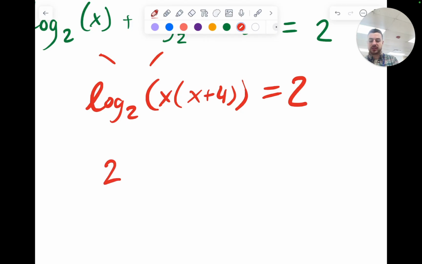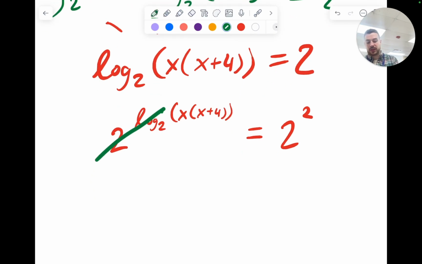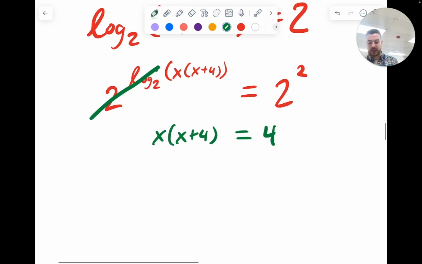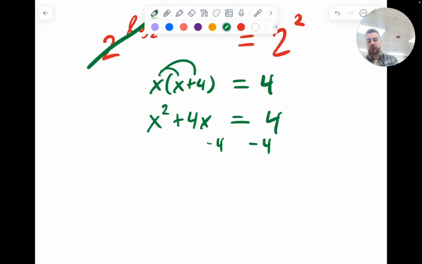So if I put each side in the exponent with a base of 2, we are exponentiating, and therefore my log will cancel. And I'm going to be left with x times x plus 4 is equal to 2 to the second power, which is 4. We end up with x squared plus 4x, right, distributing, equals 4. And if I just subtract my 4 over, we get x squared plus 4x minus 4 equals 0.